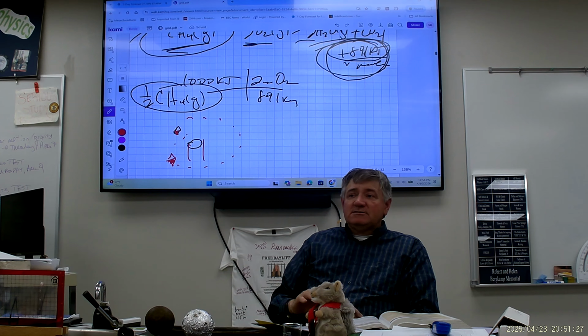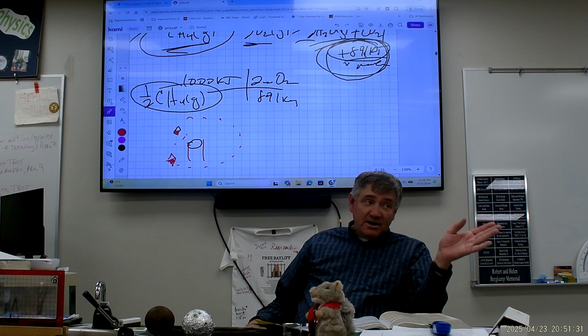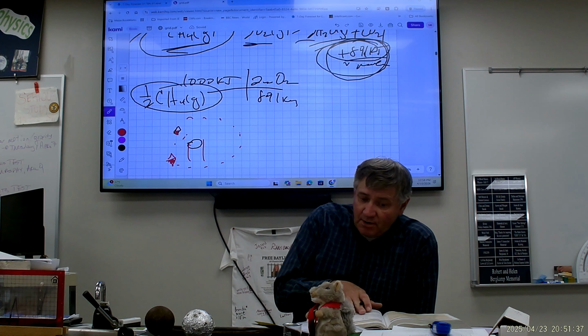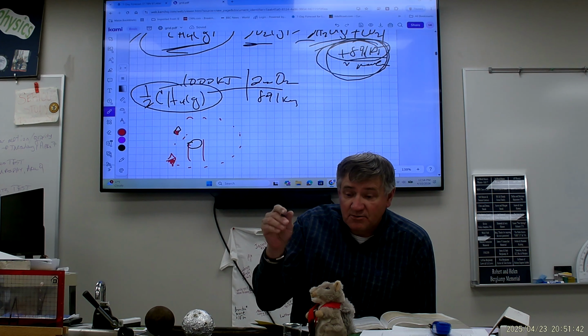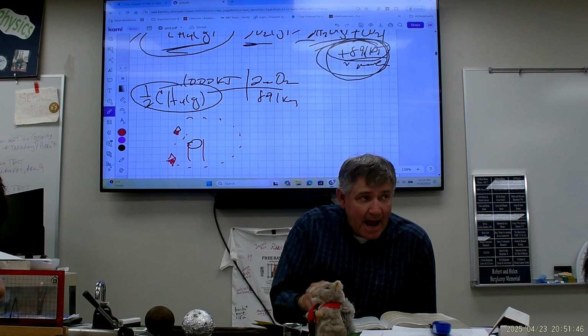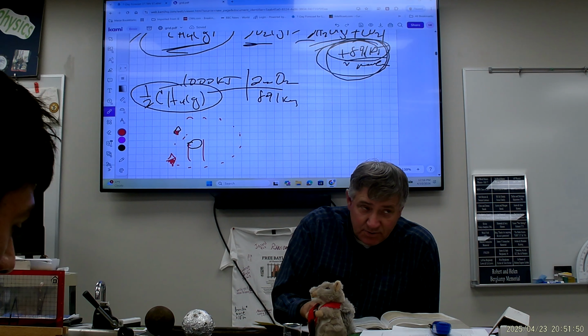So up is too vague. I don't know what up means. What if I say out of the page? Now out of the page I can live with. But if you just say up, I don't know if you mean going towards the top of the page or out of the page. So like on number 7, you want to say out of the page. Because up is too vague.